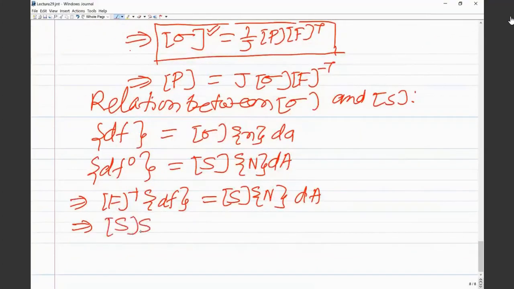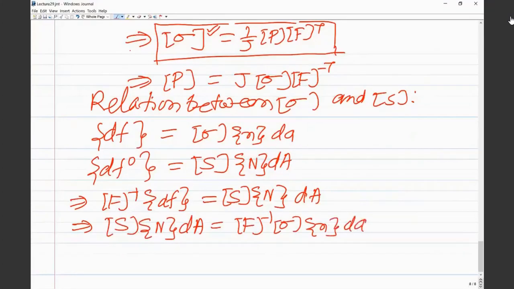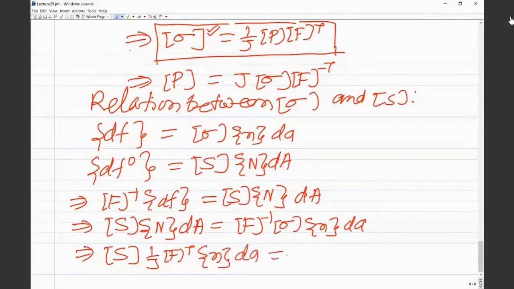So S into N dA is equal to F inverse, and dF is sigma into small n da. Now using Nanson's relation, we can write this capital N dA as 1 upon J into F transpose into n da, so this side we have F inverse into sigma into n da.